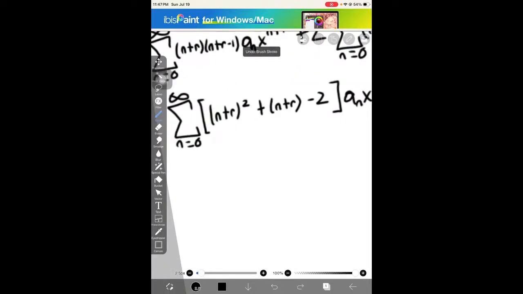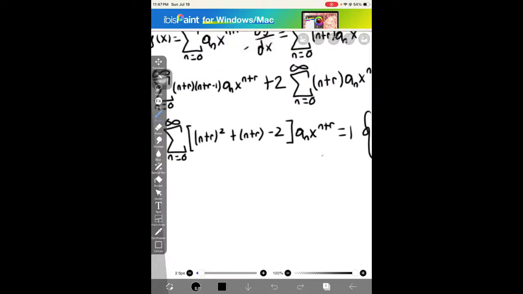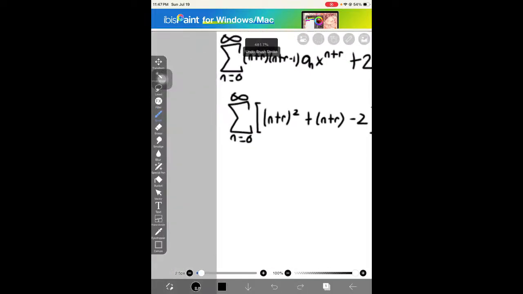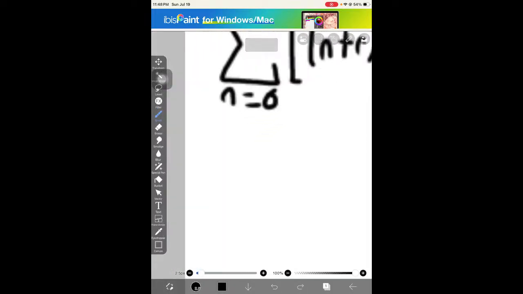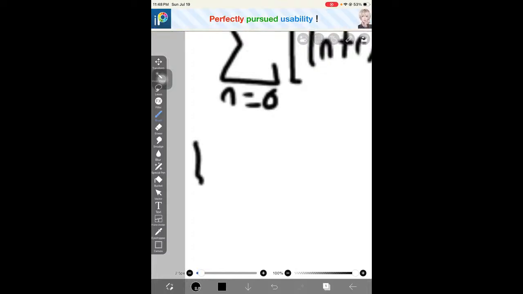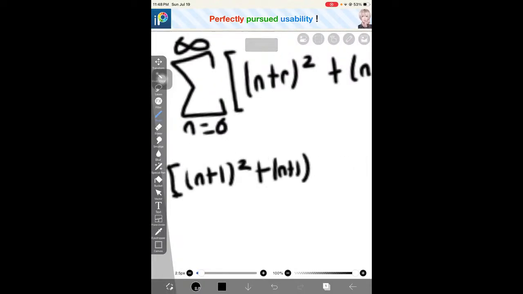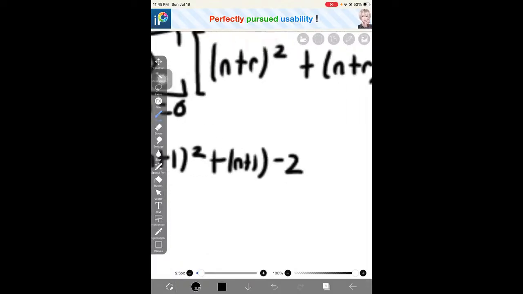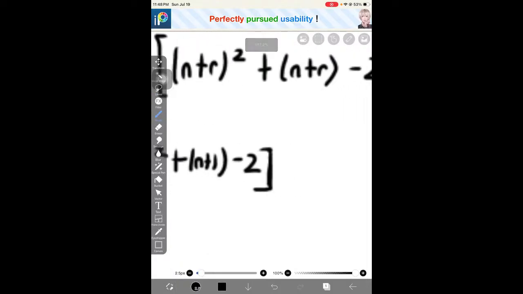Now finally, we can go ahead and involve 1 later, but for now, we're still going to start off with 0. So now we have our recurrence relationship, which is this: n plus 1 squared plus n plus 1 minus 2 times a of n equals 0.